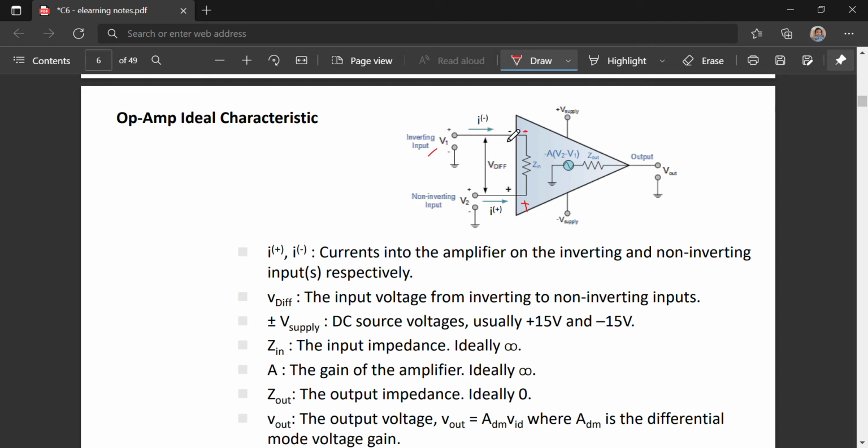If the current goes to the negative part, we label it as I minus, while if the current flows to the positive part, we label it as I plus. So we must have a voltage supply to operate this op-amp.